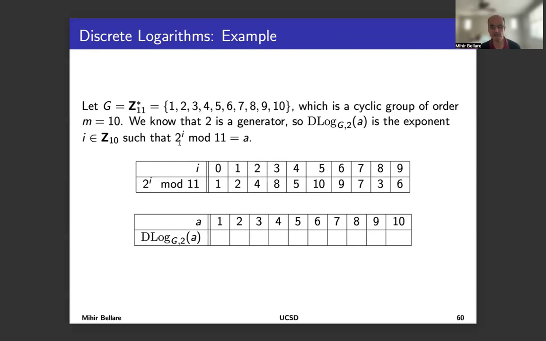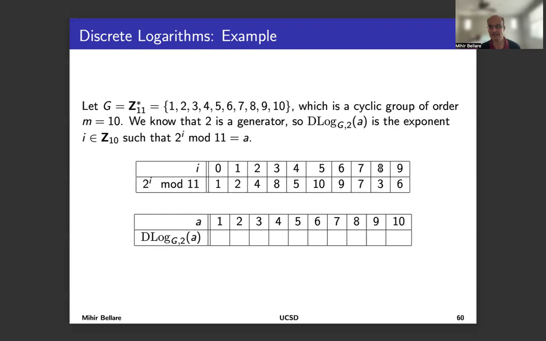But anyway, how would you compute their discrete logs? Well, you could try to use the formula. I have to see to what power to raise 2 mod 11 to get back A. And then notice that the table helps you do that. So for example, to what power do I have to raise 2 to get back 1? Well, according to this, 0. To what power do I have to raise 2 to get back 2? Well, 1. What about to get back 3?